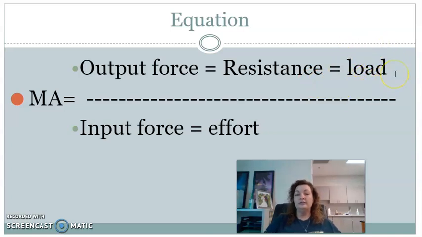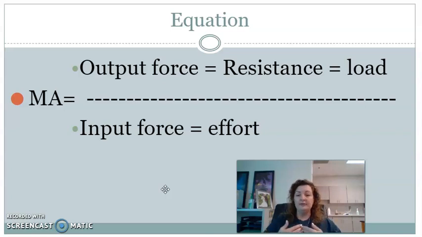So in other words, this is what the machine is doing for us, or what the machine is doing to move the load, okay? Divided by the input force, which is just the effort that you're actually putting into the machine, okay?